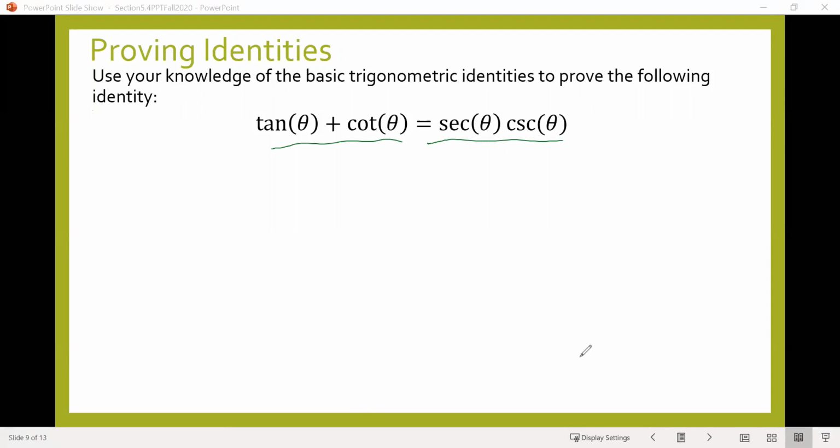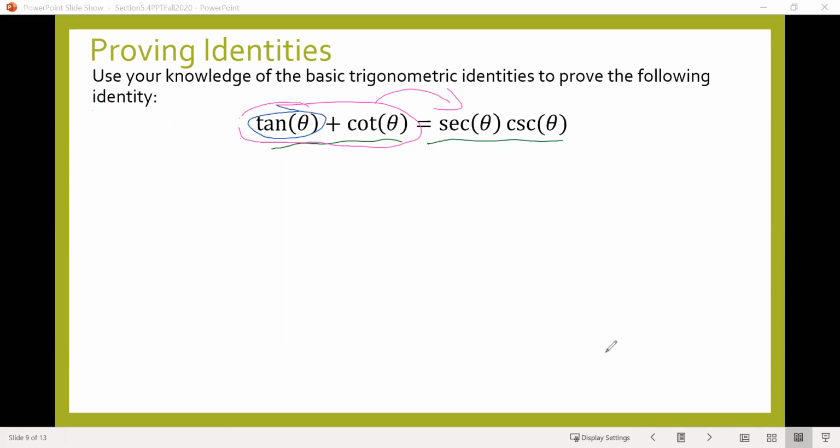With problems like this, there's no way I can tell you how to do it every time. But one common strategy is to start with the left-hand side, manipulate it a little bit, and try to make it equal to the right-hand side. To begin that process, we'll do the same thing we did before, which is rewrite everything on the left in terms of sines and cosines.